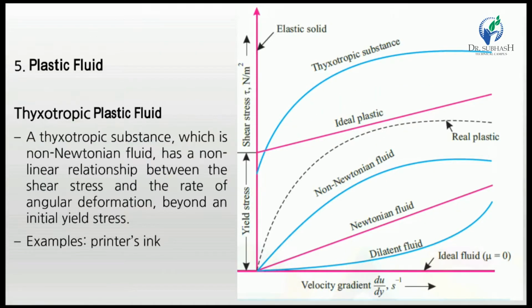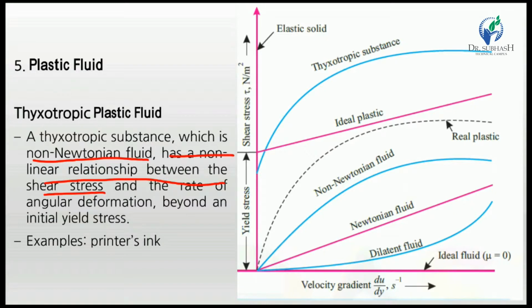Okay. Now a thixotropic plastic fluid is a fluid which is non-Newtonian and has a non-linear relationship between the shear stress and the rate of angular deformation beyond the initial yield stress. Okay. An example is printer's ink.